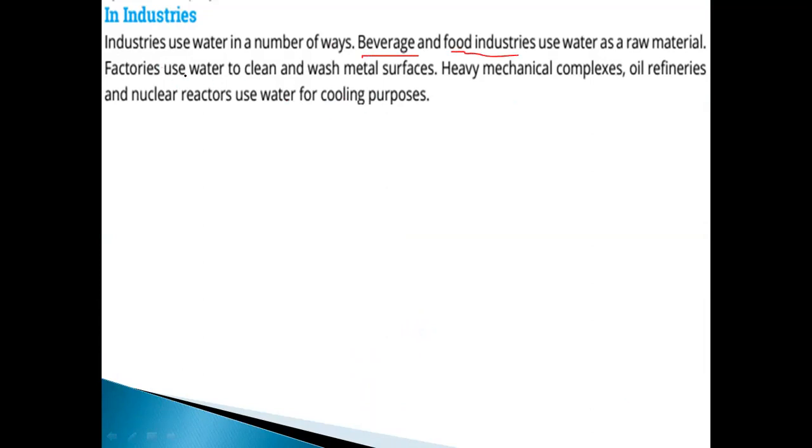Lots of factories use water to clean and wash metal surfaces, like in metal industries where the spare parts are formed, where the metals are processed. Some heavy mechanical complexes, oil refineries, and nuclear reactors also use water for cooling purposes.